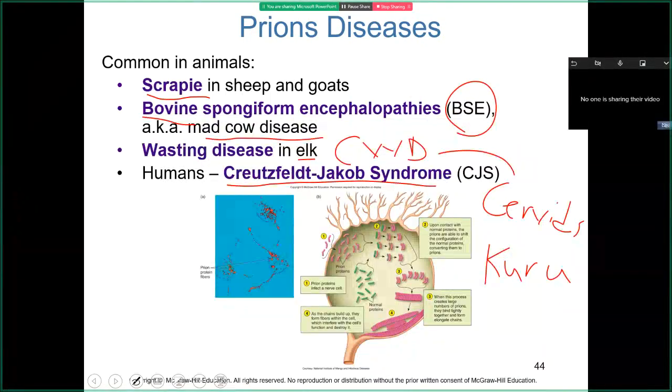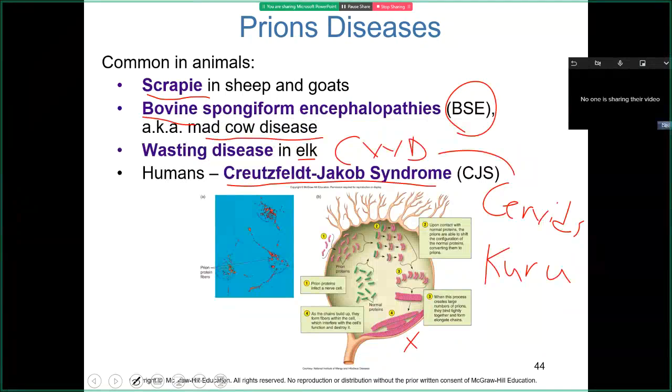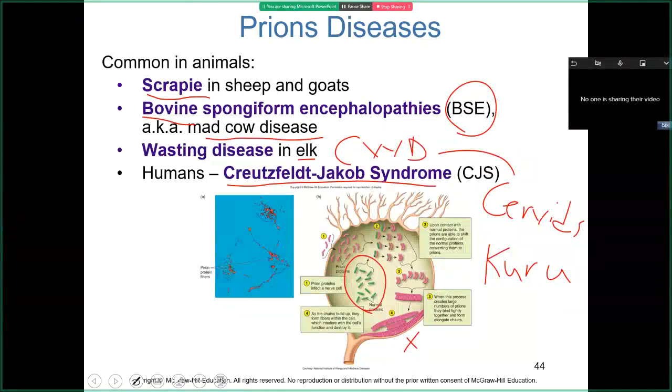But this shows the neuron soma, a nerve cell, shows a cell body, and shows the normal proteins that are soluble in that cytoplasm. When the prion enters, the prion's got a different form. When it enters, it literally causes these normal proteins to change form as well.